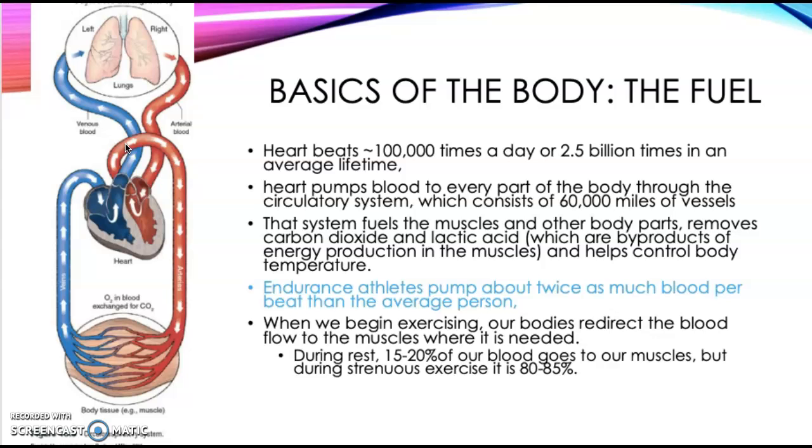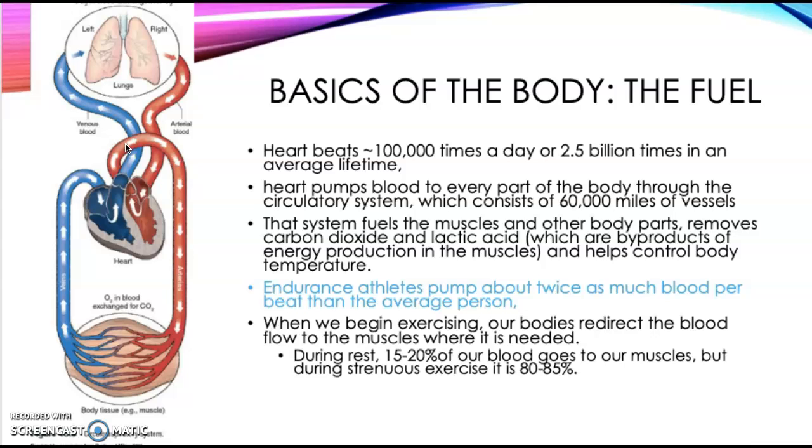And this is because the heart is just another muscle. Endurance athletes train it regularly when they're doing their endurance sport, whatever sport that may be. And so their heart is very strong and very powerful, and with each pump, it can expel more blood than the average person's.